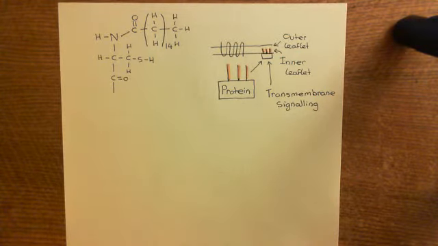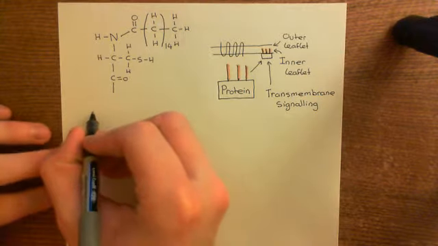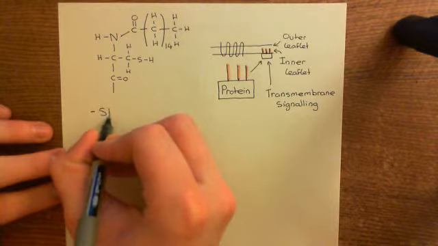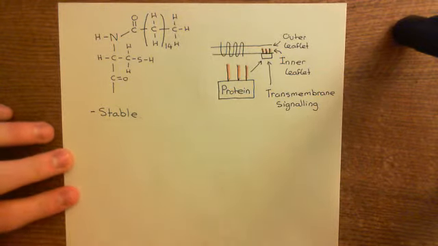Okay, now, when you add a palmitoyl group onto a cysteine residue in the middle of a polypeptide, there are two possibilities. Either the palmitoyl group forms what is known as a stable palmitylation, okay, which means that once that palmitoyl group has been put on, it's never going to be removed.